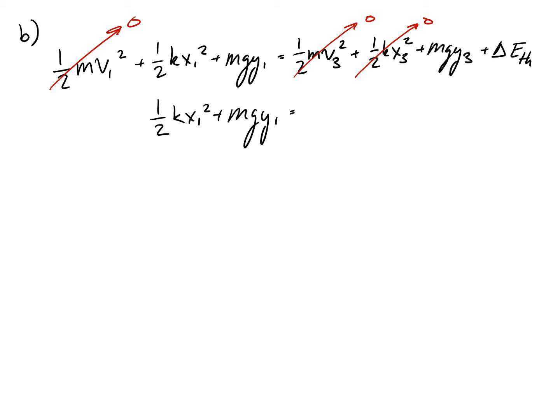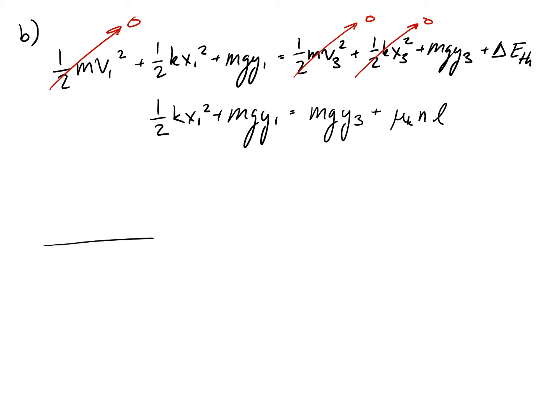If for some reason I knew that y3 was equal to 10, I could get rid of them again, but I don't know that. Now I have mgy3 plus my change in thermal energy, which, let's just write the equation for that. It's mu k n delta s, or in this case, how I've defined it in my picture, L.